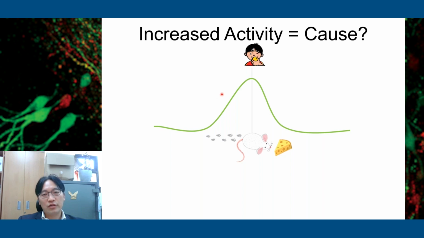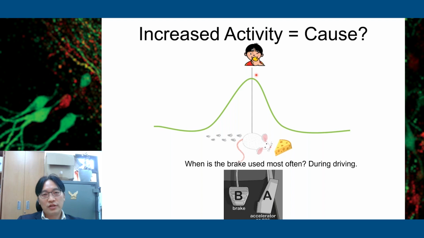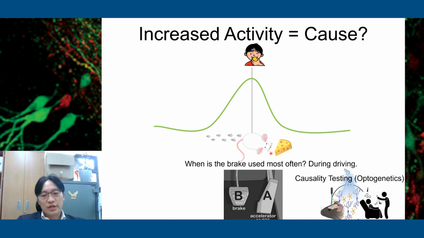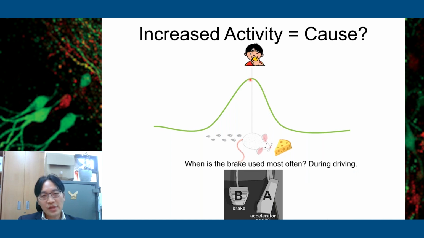And there is another important aspect: this could be the brake or the accelerator, because you cannot tell whether this increased neuronal activity is the cause of the behavior or like a feedback mechanism for the behavior.